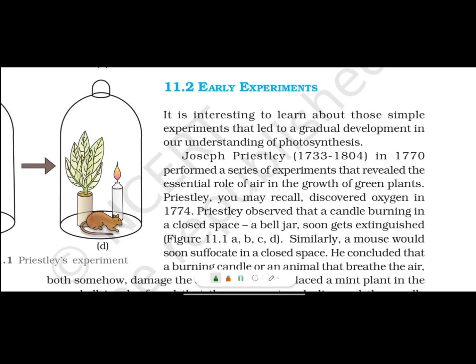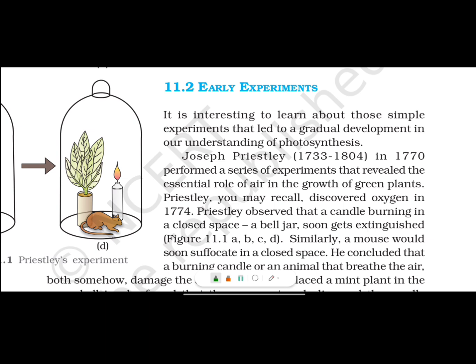Now the very important topic over here is the early experiments. These early experiments are very important as we get more questions from this topic, and we have to be clear on which scientist discovered what.